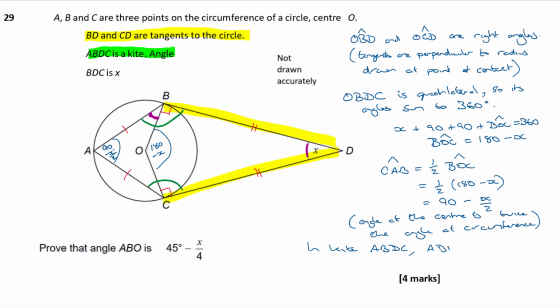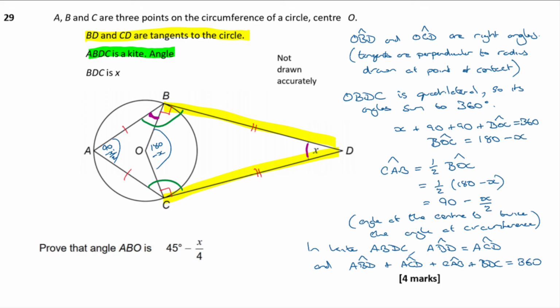Then I can say that angle ABD is equal to angle ACD, because it's a kite, and angle ABD plus ACD plus CAB plus BDC must be 360, because it's a quadrilateral, isn't it?